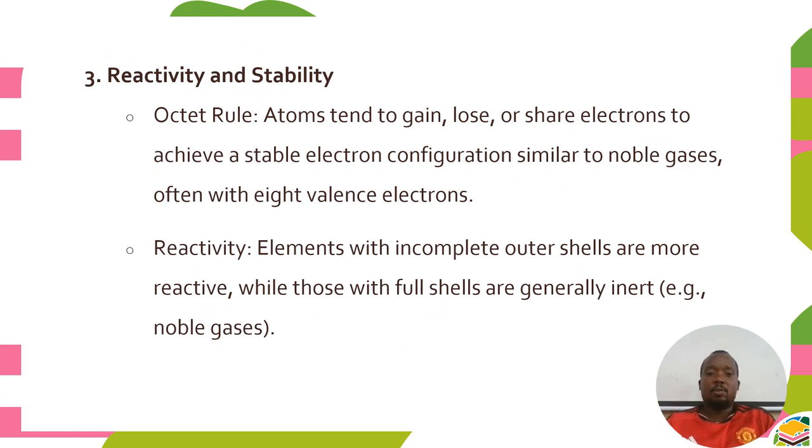The same electron configuration will tell us about reactivity and stability. It will tell us if an atom, if an element, is stable, that is, if it has fully filled shells. It will also tell us how reactive an element is, basing on the number of electrons in shells.